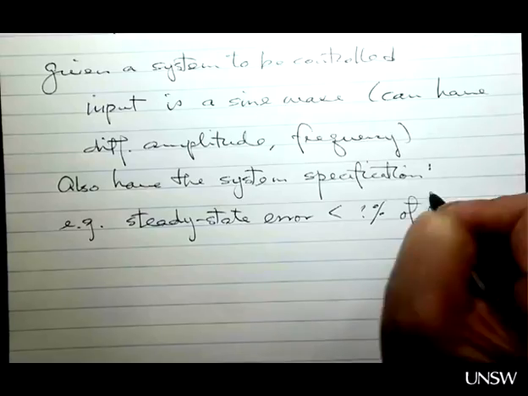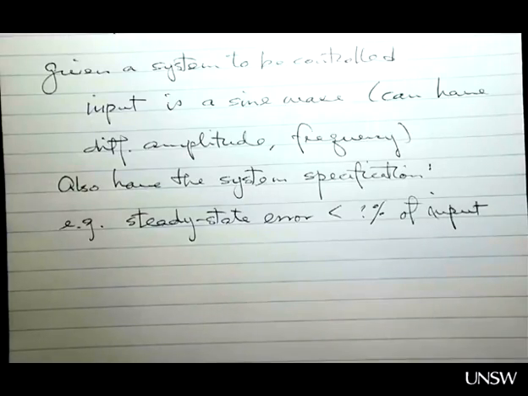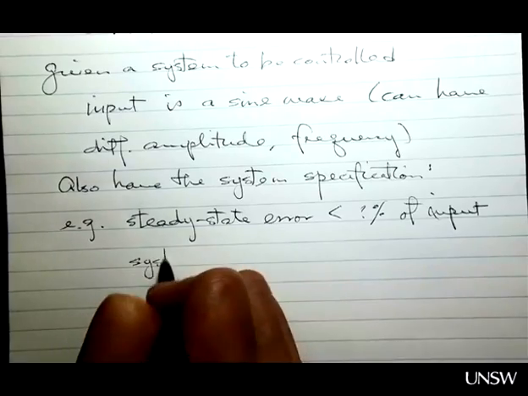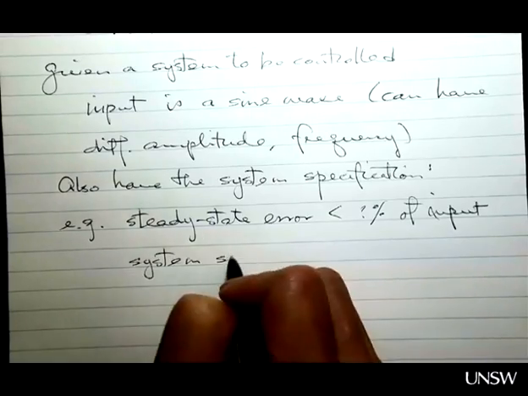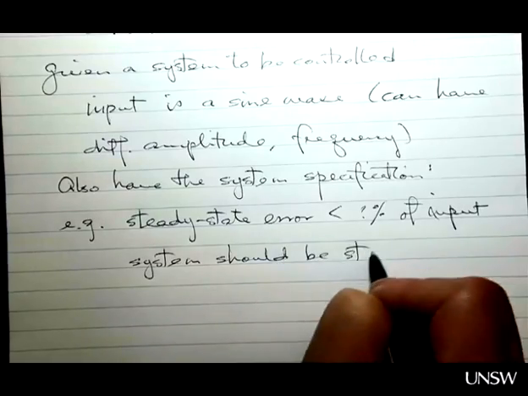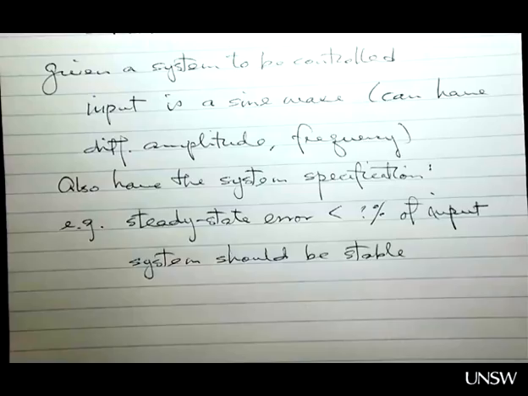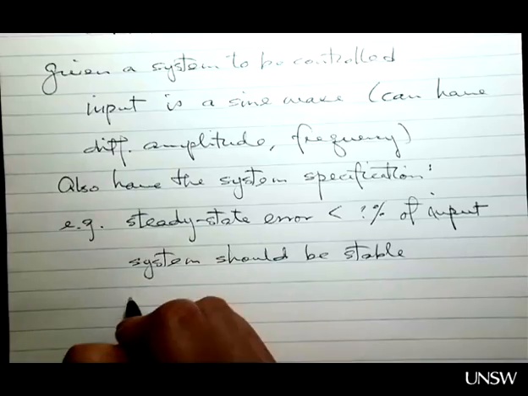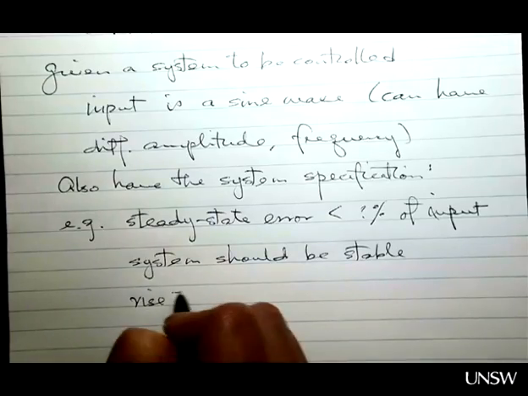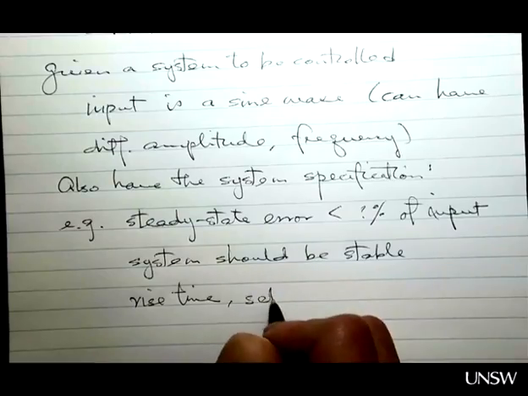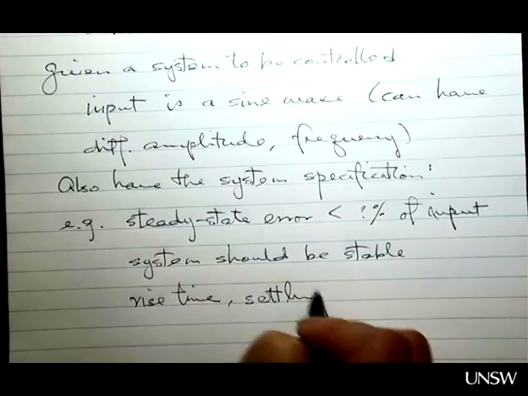And then we can also specify that the system should be stable, and that the rise time or the settling time is smaller than so many seconds.